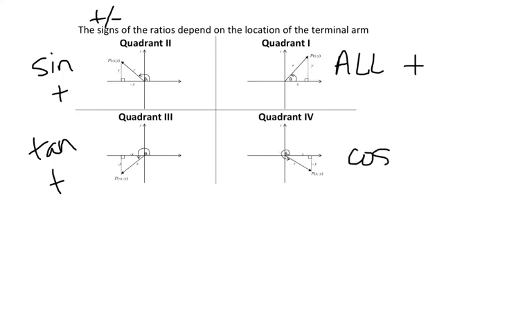So cosine is positive. So C, A, S, T is where that CAST abbreviation comes from. Cosine, all, sine, and tangent. I don't actually tend to remember CAST. What I remember instead is SOHCAHTOA and just draw my triangles.